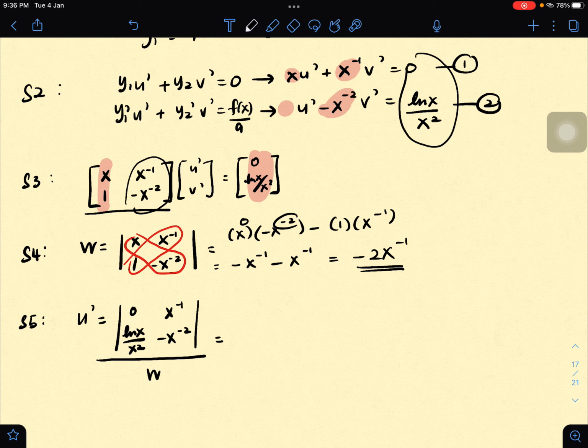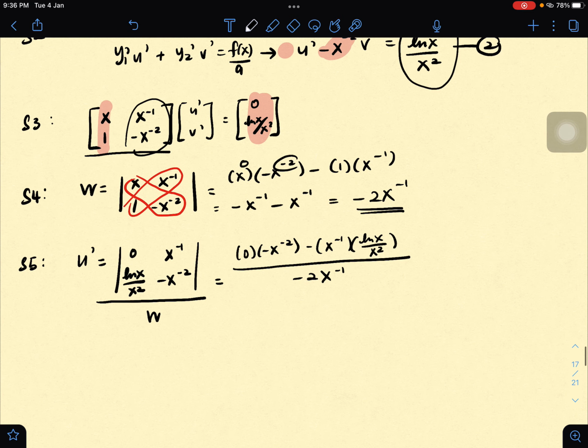Therefore, the determinant is 0 multiplied by -x^-2 minus x^-1 multiplied by ln x over x squared, divided by your Wronskian, which is -2x^-1. So here is 0, so you have negative ln x over x to the power of 3 divided by negative 2 over x. Negative and negative is positive.